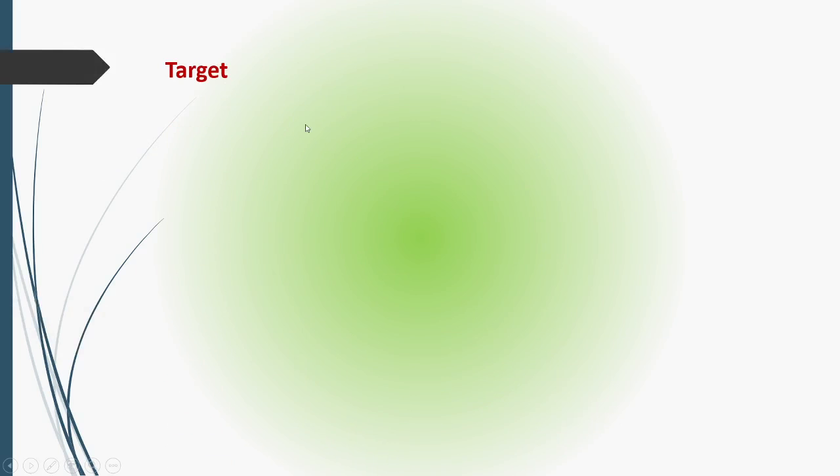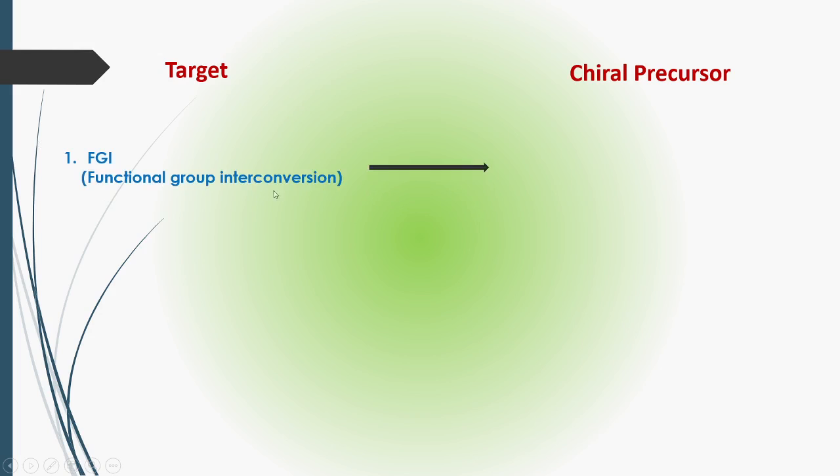So what is the target? Target means the molecule which is going to be synthesized, that is called the target molecule, and here it is a chiral precursor. It means from the target we achieve the chiral precursor by different methods. The first one is functional group interconversion. So what is functional group interconversion?